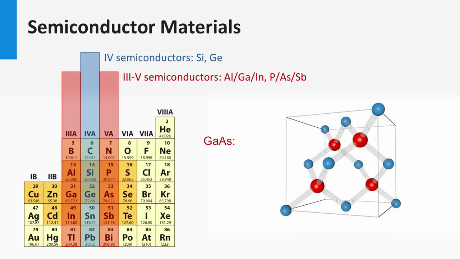These materials can, similar to silicon, form a diamond cubic crystalline lattice. In the crystalline lattice shown here, the gallium atoms are the blue atoms and the arsenic atoms are the red atoms. The difference with silicon is that every gallium atom is neighboring 4 arsenic atoms, and every arsenic atom is neighboring 4 gallium atoms.